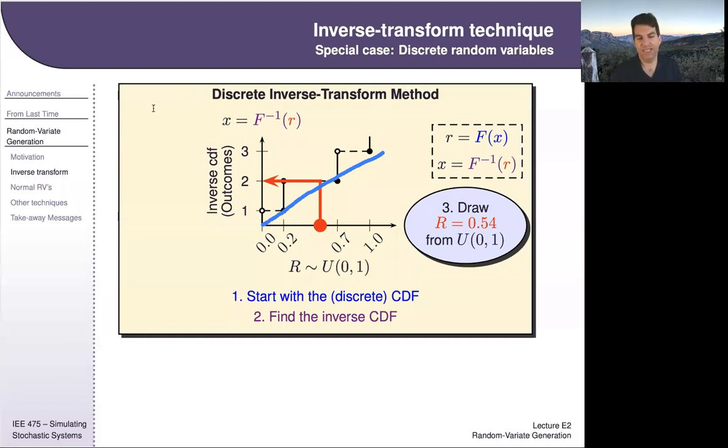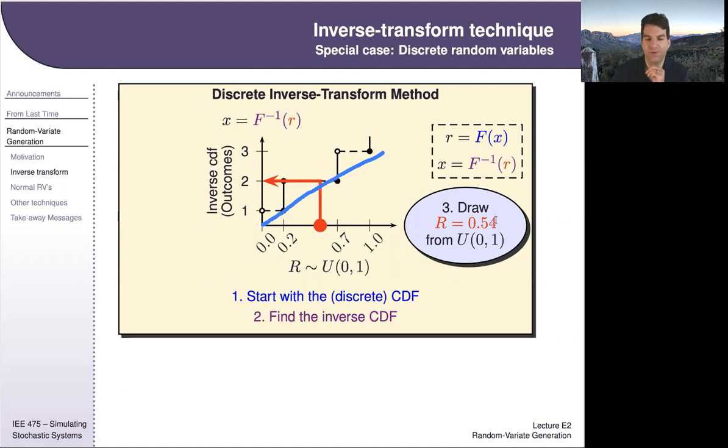If you had the inverse CDF, then you just plug into this inverse CDF. For the continuous one, you'd have a nice smooth line going through here, and you'd find out exactly where that hit. For the discrete one, you basically choose the outcome where the CDF brackets the random number that you drew.